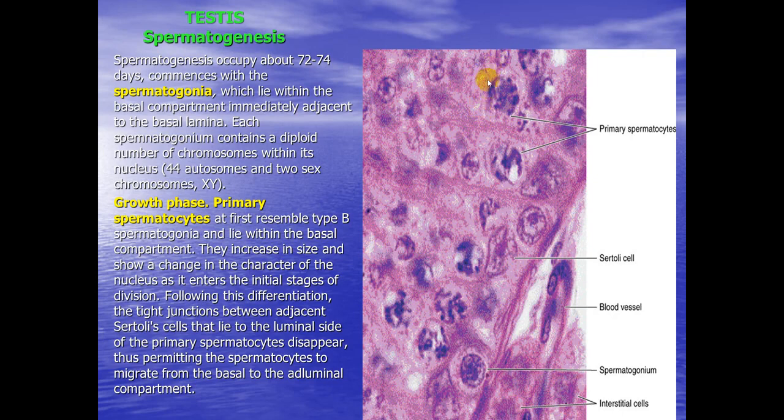And then these tight junctions restore, and again appears the regular architecture of the spermatogenic epithelium.